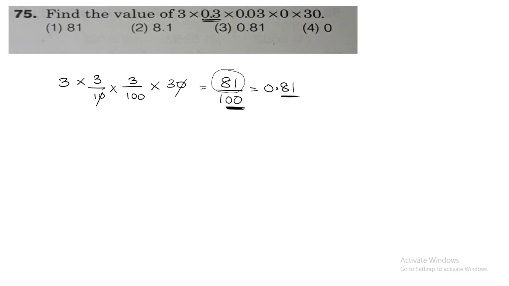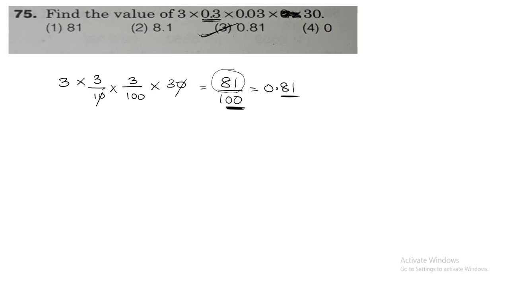So the answer is 0.81. Whenever you have decimal values, convert them into fraction form, simplify, and then convert back into decimals. Then it will be easy for you.